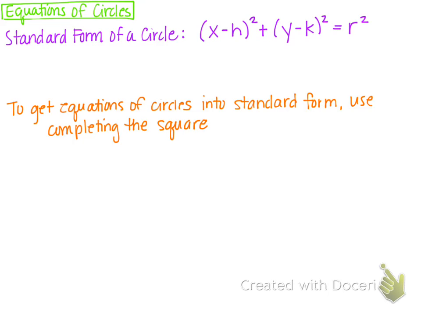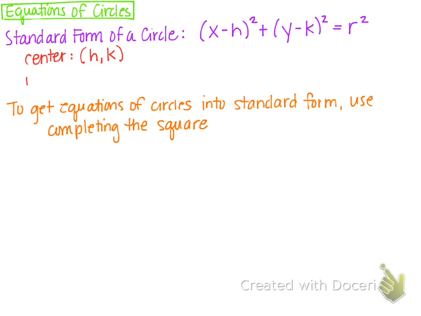Now let's talk about what we can figure out from this formula. To get the center of the circle, we're going to use the point (h, k). Notice, just like when we had the vertex form, when we were pulling out the vertex, we'll have to change the sign here and also change the sign there.